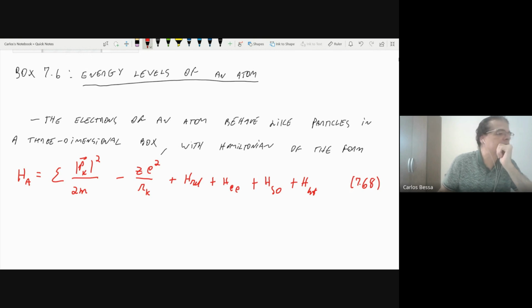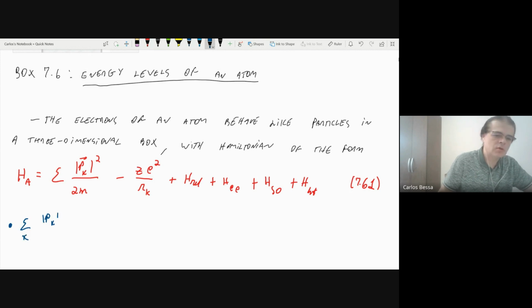This is equation 7.61 in Newton-Schwenk. So, let's go term by term.